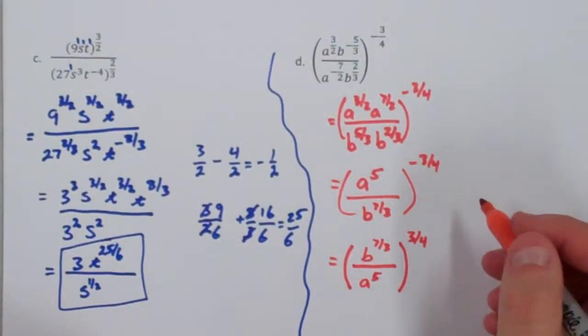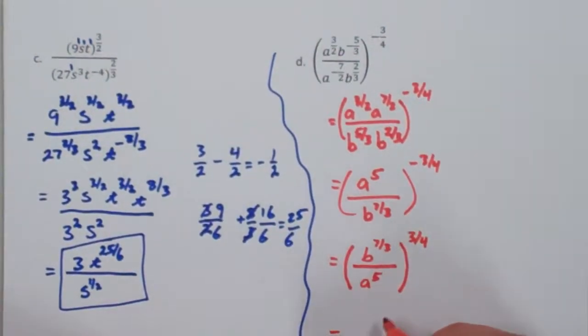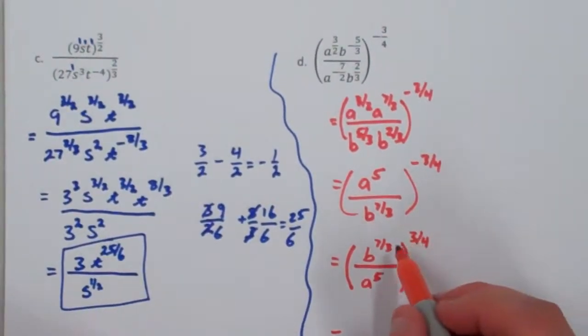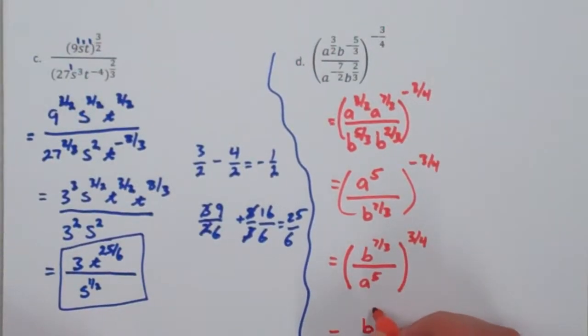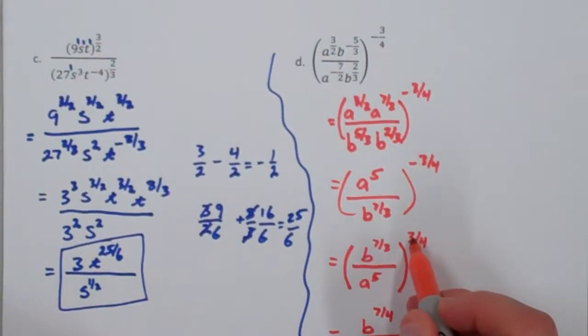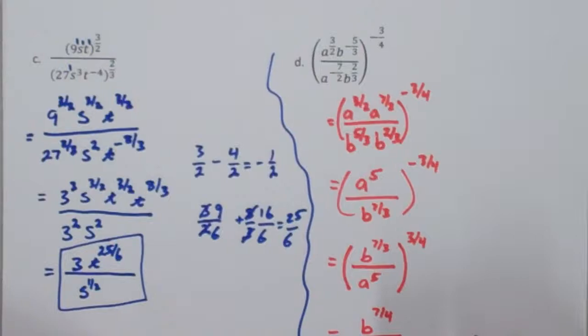It's just positive 3 over 4. Next, we're going to use our power of power rule to multiply the 7 over 3 and the 3 over 4. These 3's will cancel, so we'll just be left with 7 over 4. And 5 times 3 is 15 over 4. So this will be a to the 15 over 4.